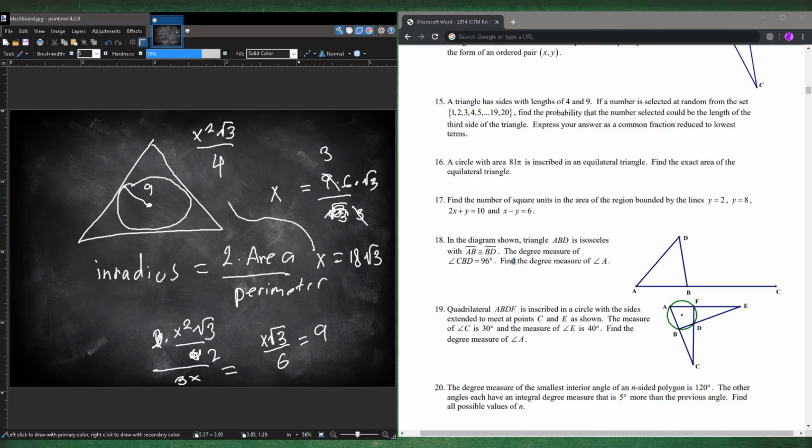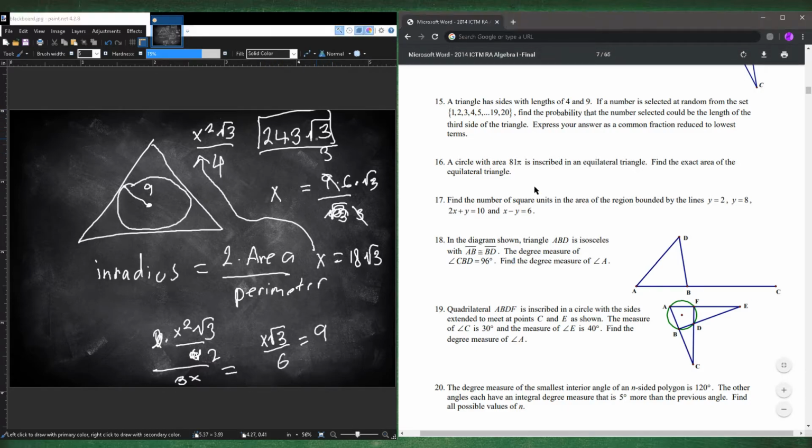And we already know what x is, so we can just plug that in. So 18 square root 3 squared, and then divided by 4, is 243 square root 3. And that's the area and answer for number 16.